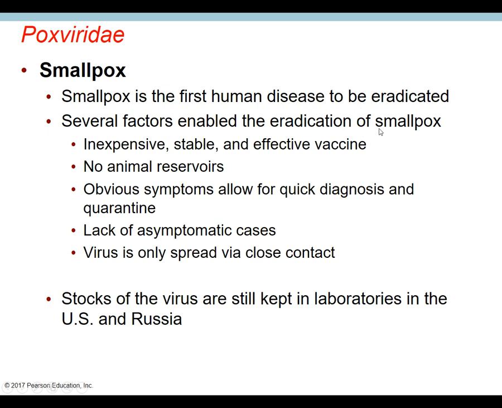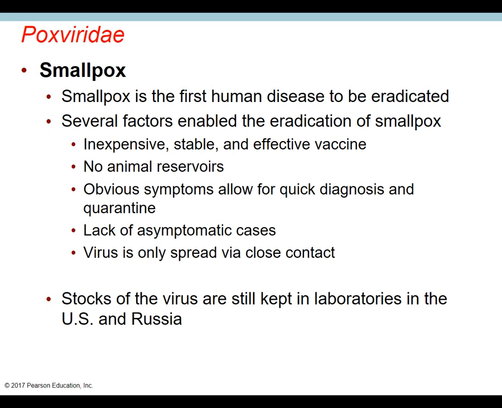And the reason it was able to be eradicated is a combination of factors. They developed a vaccine. It was well distributed, very stable, inexpensive, and very effective. Smallpox doesn't have any animal reservoirs. So once you treat all the people who have it, then you've covered all your bases.